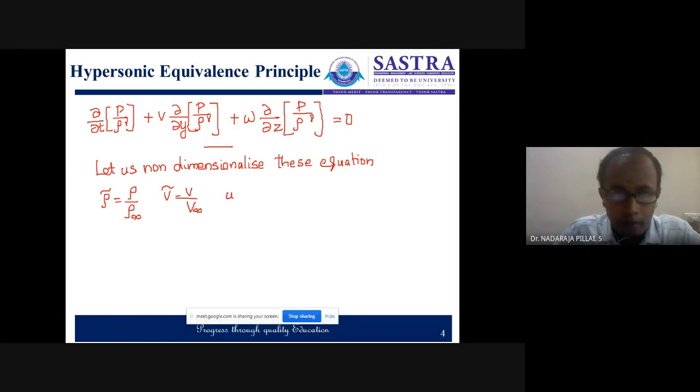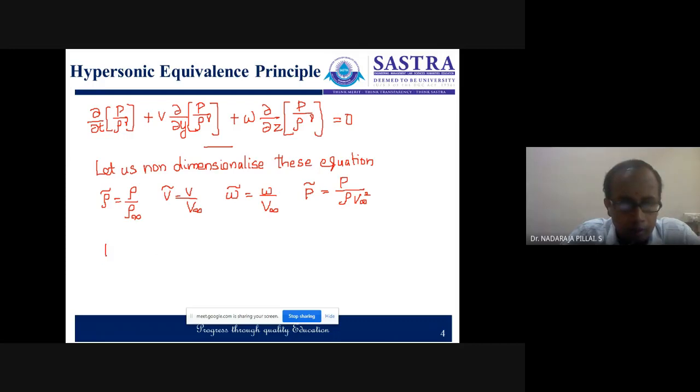Then w tilde equal to w by V infinity, and p tilde, the pressure, equal to p by rho infinity V infinity squared, right?